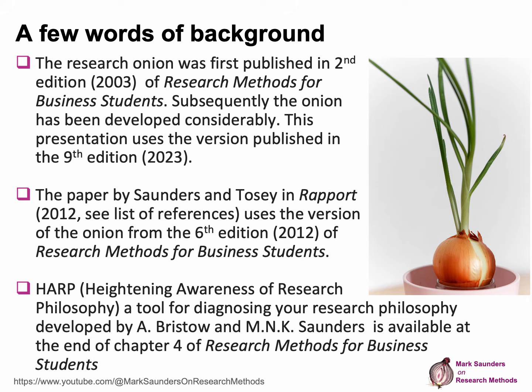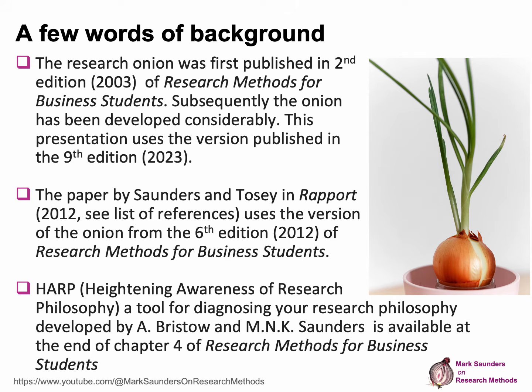When preparing this presentation, I thought it was probably worthwhile to give you a few words of background on the research onion, just to provide a bit of context. However, if that's not of interest to you, feel free to skip this slide. First of all, the research onion was first published back in 2003 in the second edition of the textbook Research Methods for Business Students, which is co-authored by myself, Philip Lewis and Adrian Thornhill.